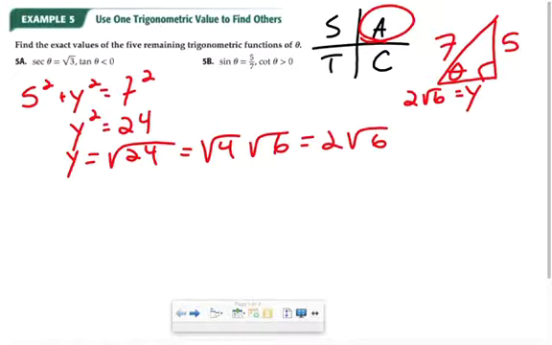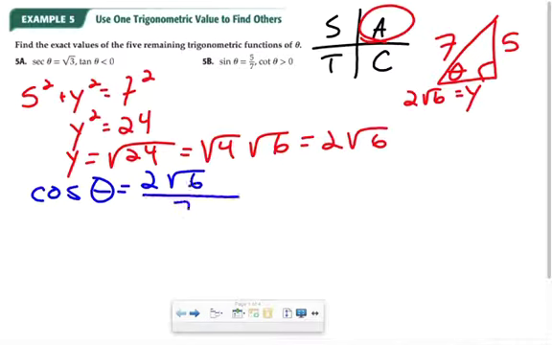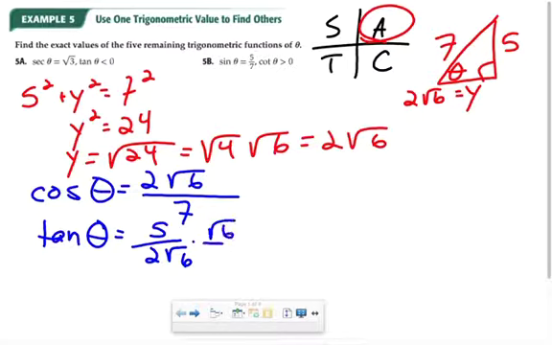So I already know my sine. My cosine is that adjacent side I just found over the hypotenuse. Tangent is opposite over adjacent, so that's 5 over 2 radical 6. Rationalizing my denominator, I get 5 radical 6 over 12.